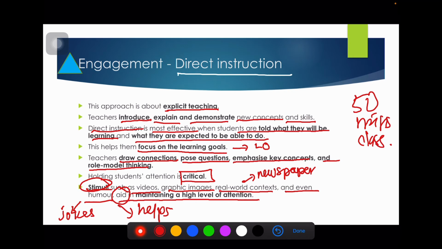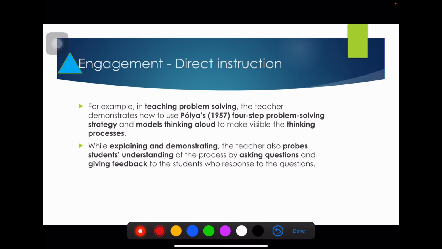If you are the only one talking for 50 minutes, I think your students would fall asleep by then. So you need to engage them by showing videos, showing some graphic images like posters, and newspapers or magazines for real-world context, and humor, those are jokes. It helps the students to focus.